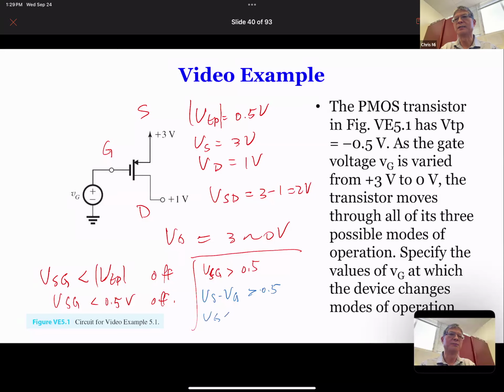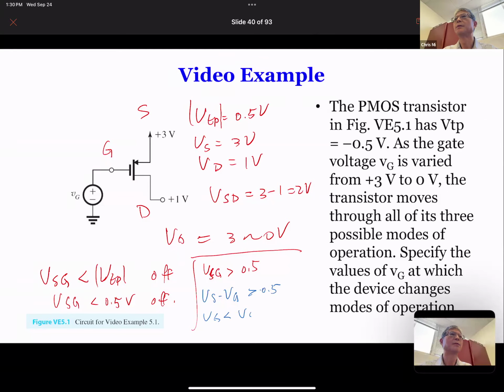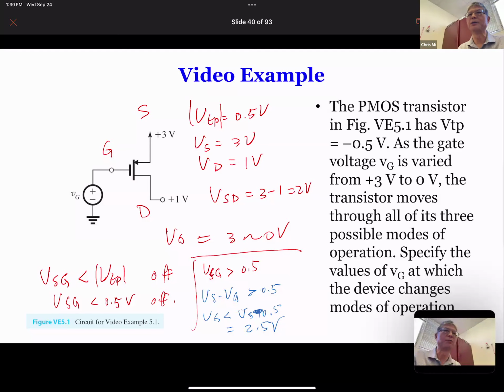So Vg has to be less than Vs minus 0.5, it's going to be 2.5 volts. So if Vg is less than 2.5, it will conduct. Between 2.5 and 3, it's going to be off.